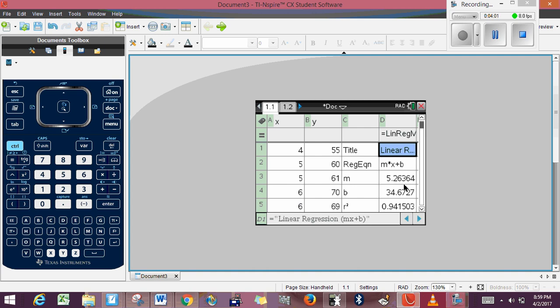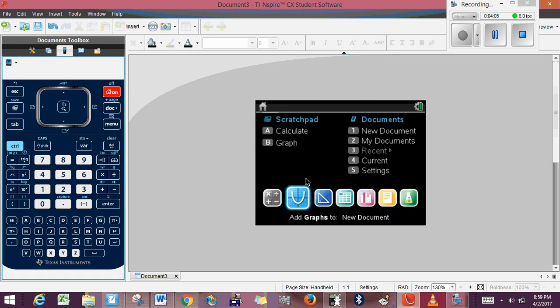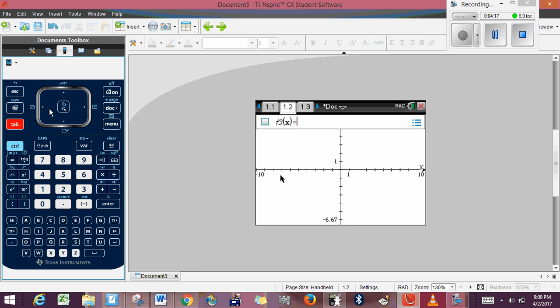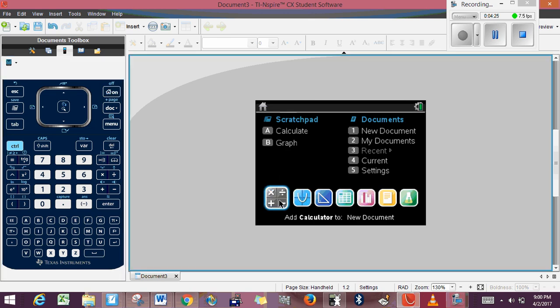When I store it in F1, what happens is if you go back to the home screen and you go to your graphs, so don't go to this graph, go to the home screen and then click on the bottom second app on the right. Go to tab, and actually, you know what? Let's not, I don't want to graph it. This will be easier, I just realized.